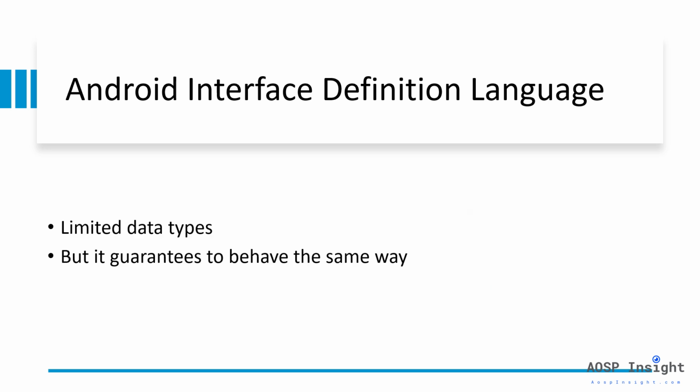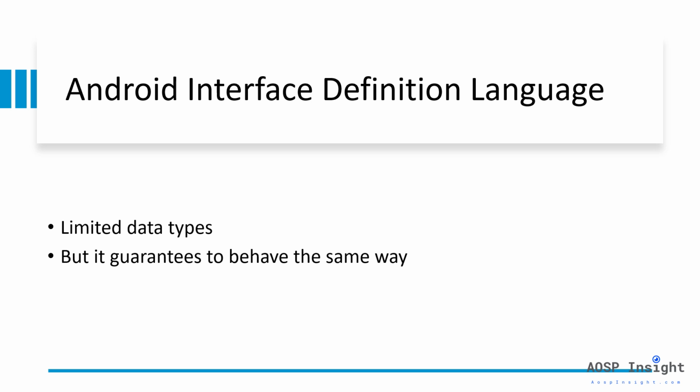One of the most important aspects is data types. As you might know, all the languages provide a profound list of different data types and classes that you can use in your application development. The problem is that the programming languages don't provide the same data types.